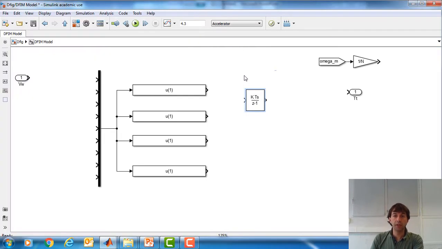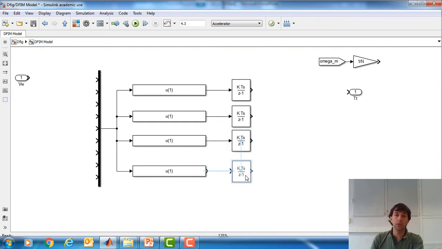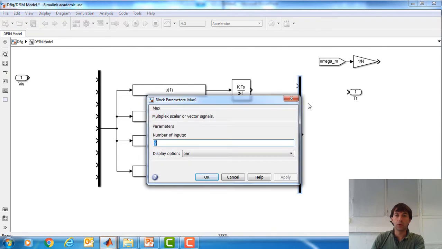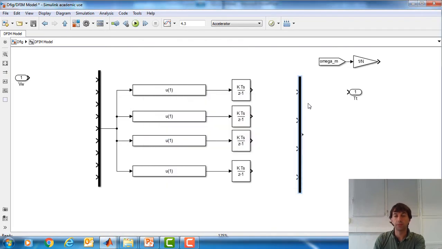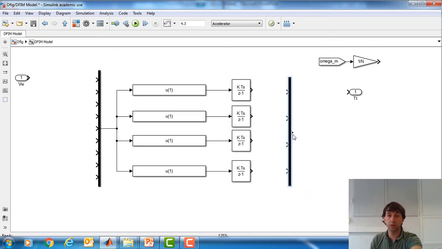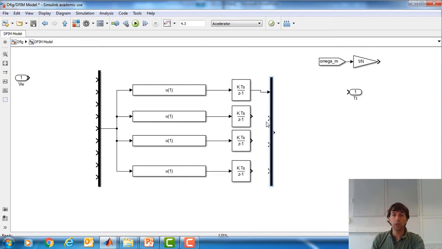Okay, so we have here this, this, this, and this. Then we need another multiplexer of 4 inputs. Let's make this element smaller, and let's connect it there.